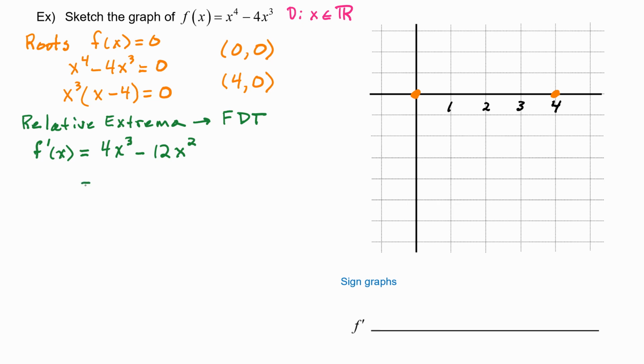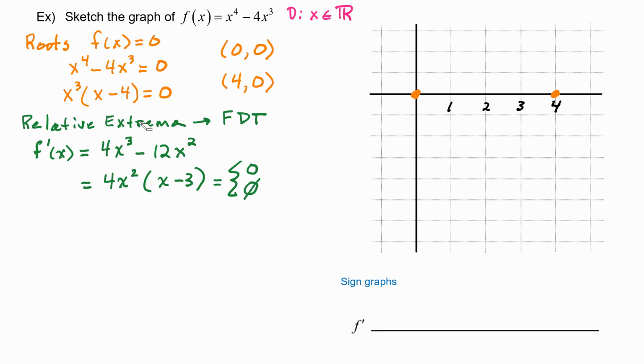Let's factor that. So that will equal 4x squared times the quantity x minus 3.